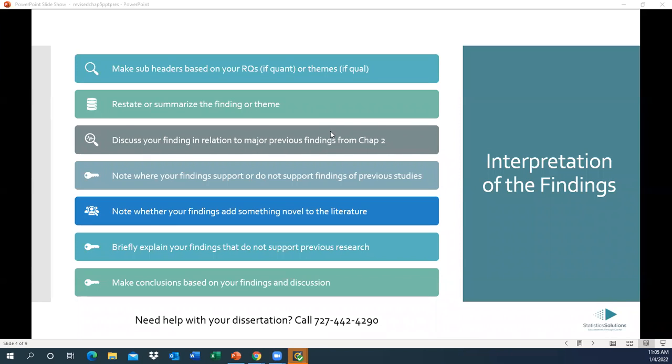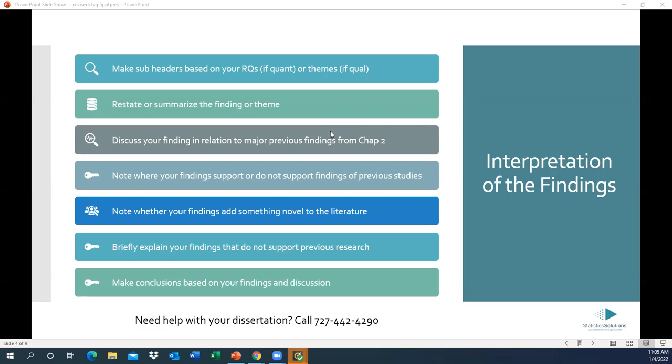And then depending on how your findings are situated within that previous research, you can make interpretations and conclusions based on that. Your findings might support previous research, they might differ. If previous findings are inconclusive, your findings may come down on one side as opposed to the other.